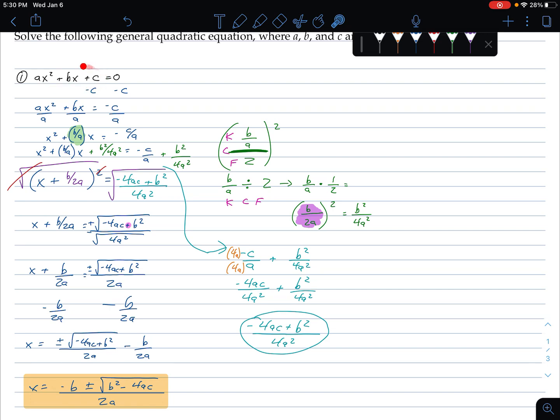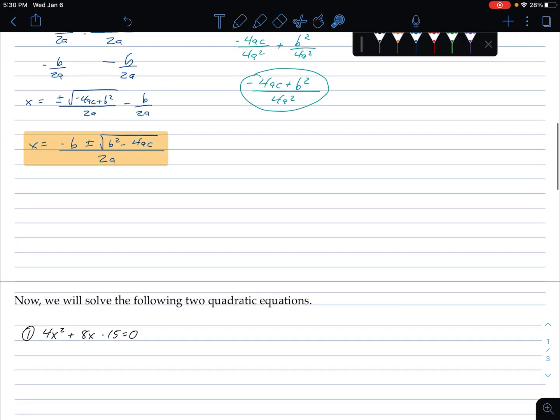When you are given a quadratic that you cannot factor, you can either do the steps of completing the square or memorize this formula, plug in your a, your b, and your c, and you just skip the steps and memorize the formula. Either way, you either memorize a formula or memorize a group of steps. Same difference.